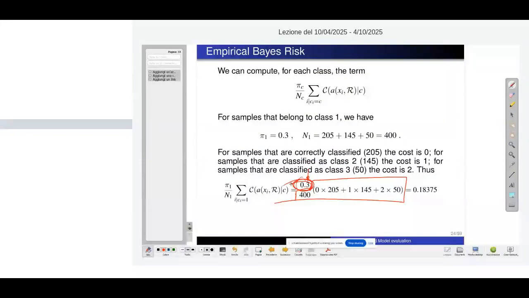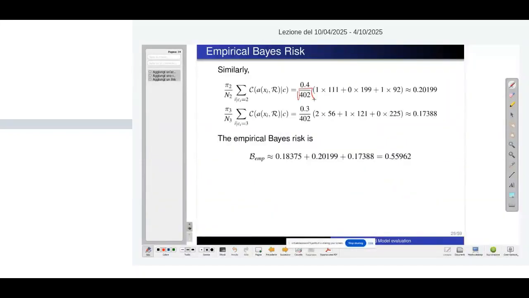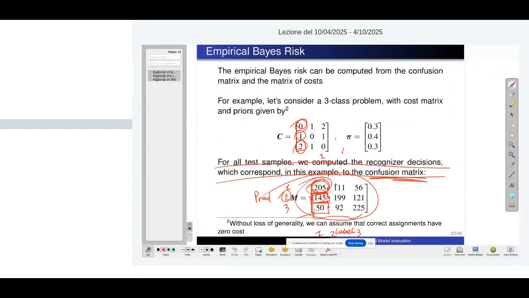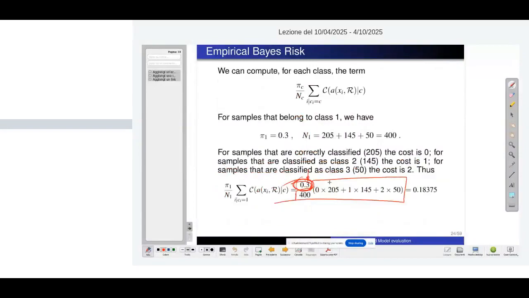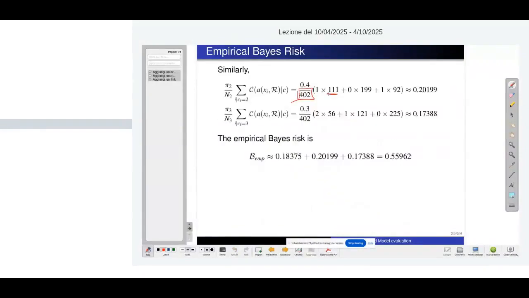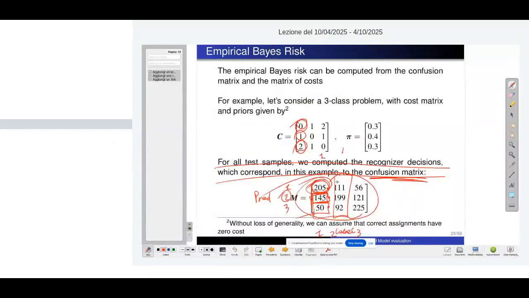Then I can repeat it for the other classes. It's not difficult. Samples of class 2 are the sum of these, which is 402 according to the slides. Then we have 111, which are class 2 predicted as 1, pay 1. Then 199 pay 0. 92 I pay again 1.